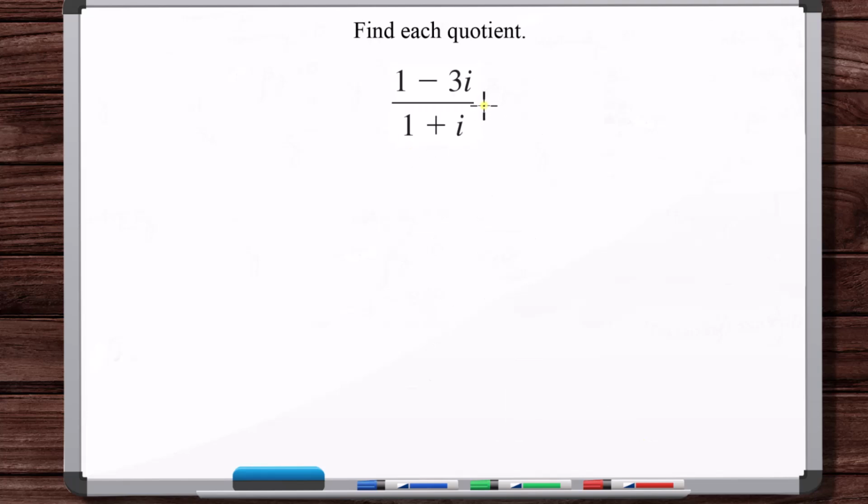Okay, let's multiply this by 1 in the form of 1 minus i over 1 minus i. So we've got, and then in the denominator, you've got 1 minus i plus i.